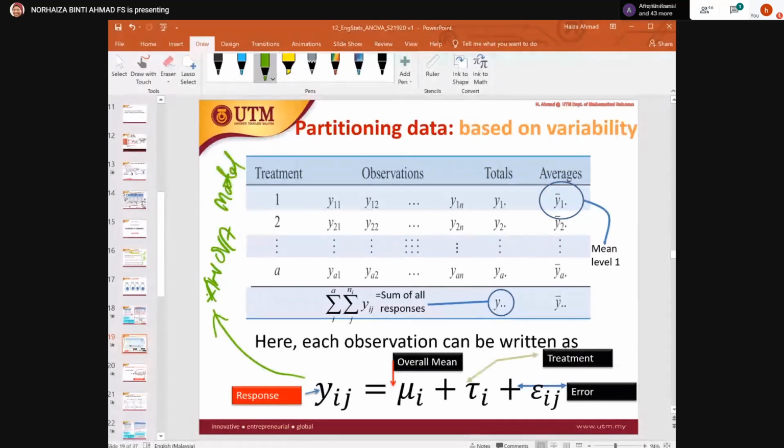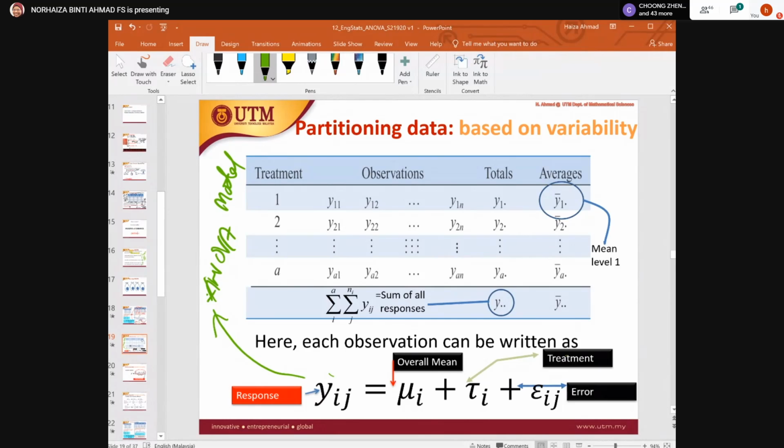Okay. Anova model where each response, each data that you have can be written as an overall mean. That means each observation has the same overall mean. Plus each observation has different treatments and it also has a different error.